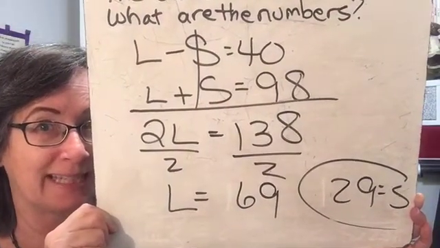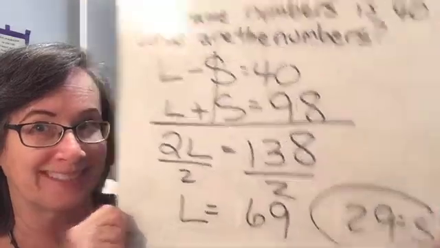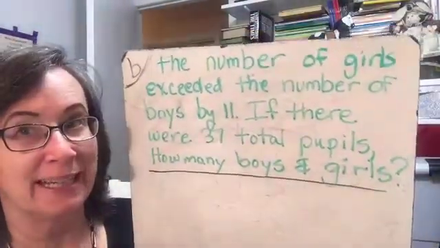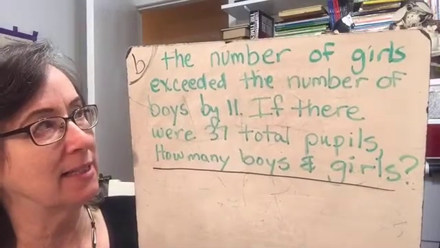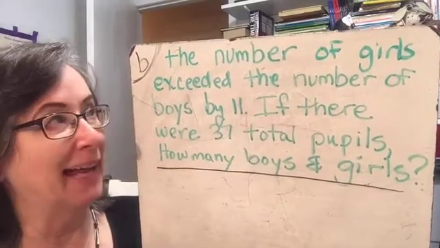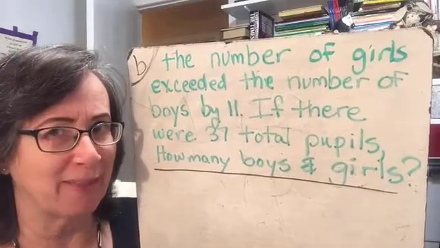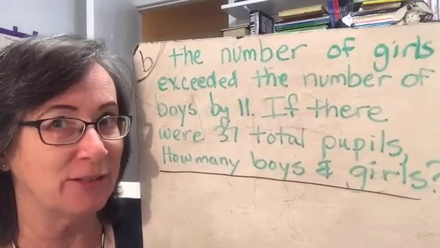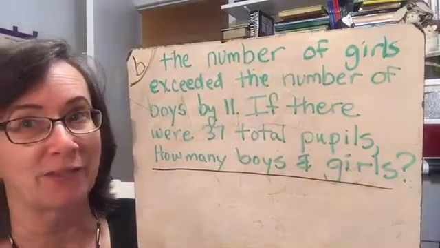Hopefully you got the same two numbers. All right, so here is the last problem. And because I have done every other problem with variables that I wanted, I'm going to do this the Saxon way and use subscripted variables just so you'll have a good example.